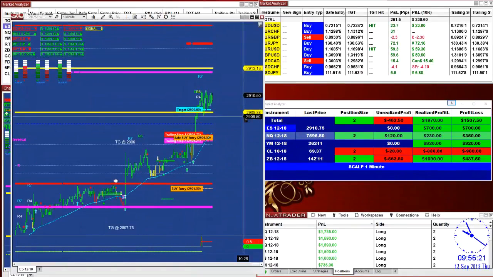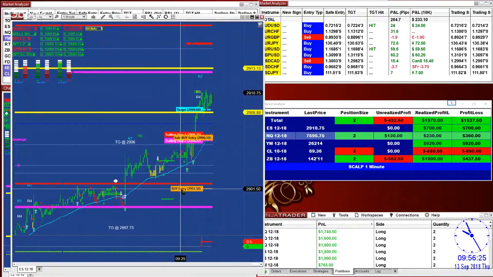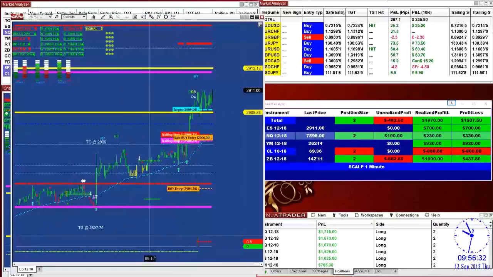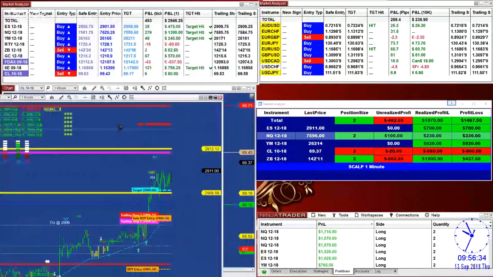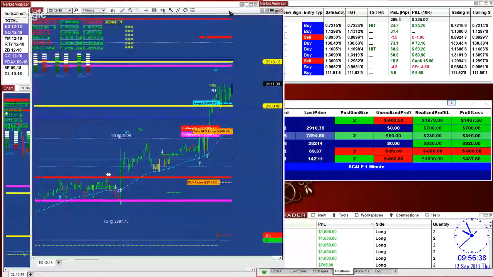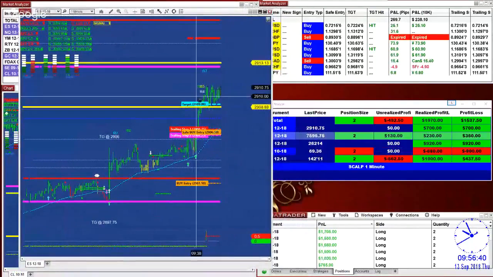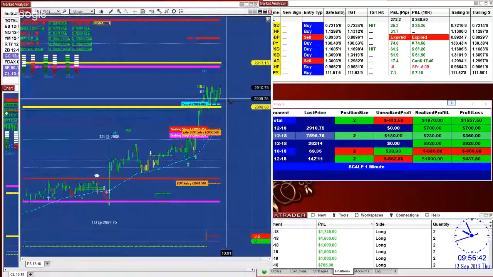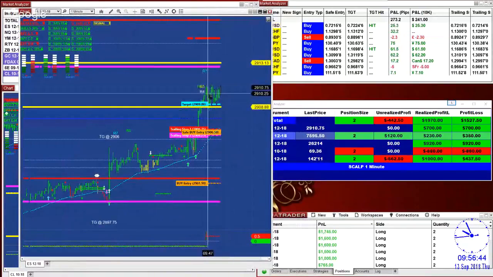There are three pieces here in what we are doing. Once we enter the market, we hit the target. As an example, that's why I extended the target on the CL, because sometimes we get a few ticks above.